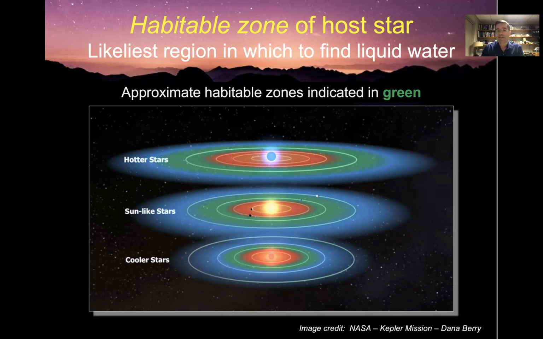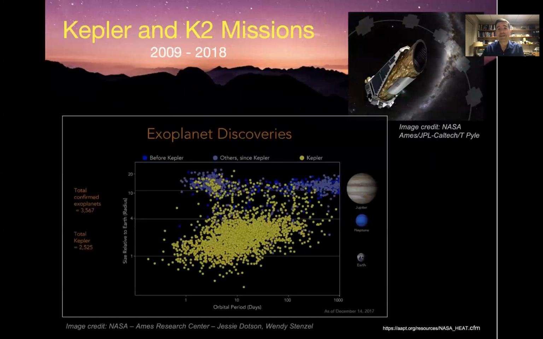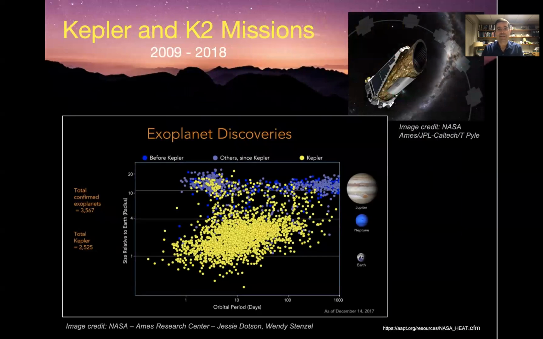And in trying to find not just as many exoplanets as possible, but where exoplanets are likely to be in habitable zones, we can turn to the Kepler Space Telescope project, which has identified many exoplanets of many sizes, of varying orbital periods.